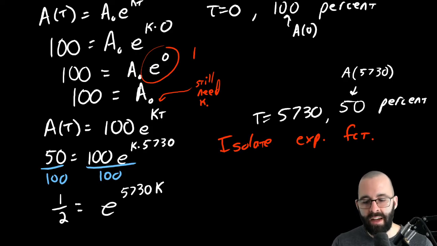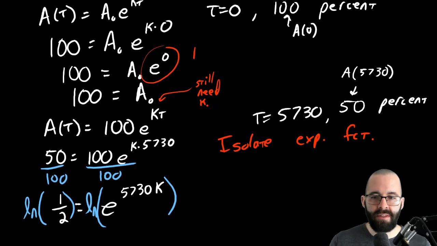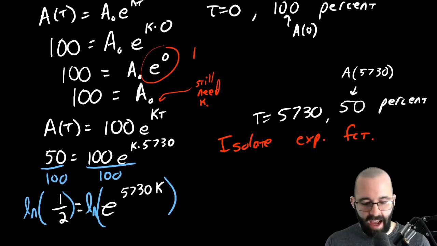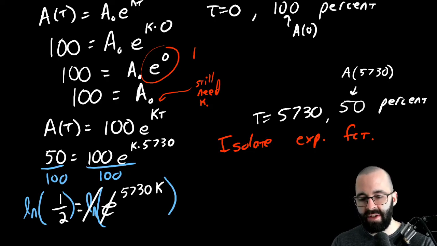Once the exponential function is isolated, now we can take the logarithm of both sides. I'm going to choose the natural log here because that's the inverse of e to the x. So the left-hand side, we get the natural log of 1/2. And the right-hand side, these are inverse functions. They cancel each other out.